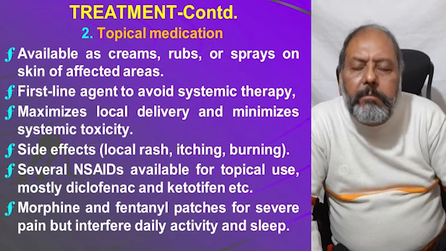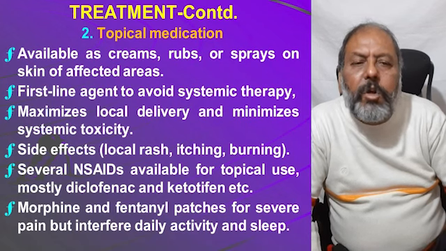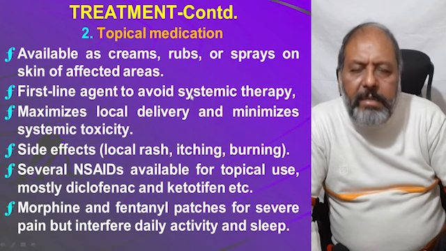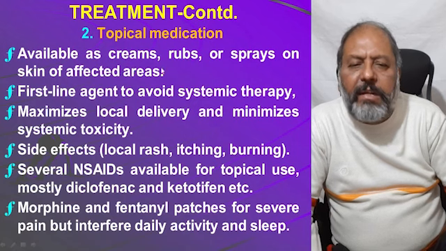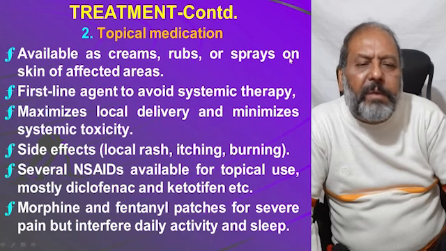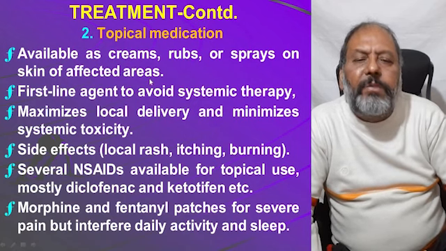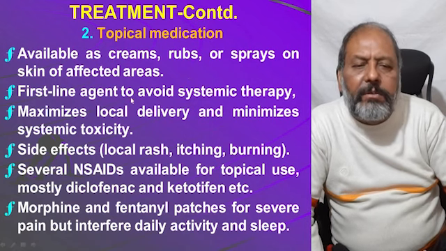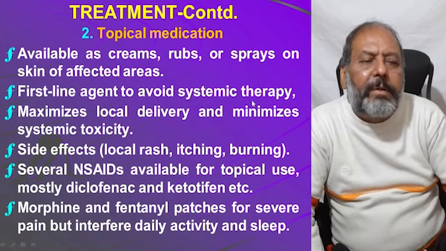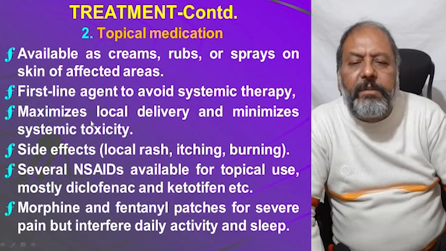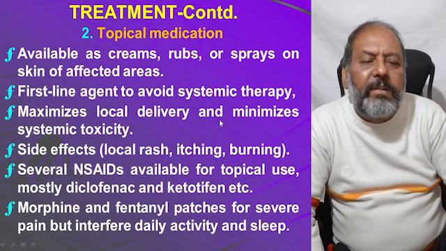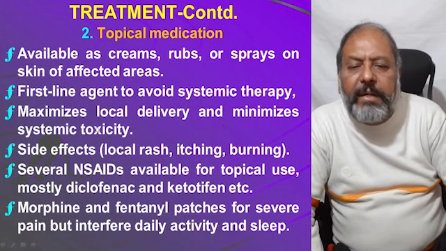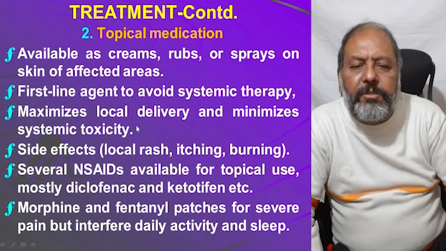So the topical medication that is being used is available as creams, rubs, or sprays applied on the skin of the affected area. These are first-line agents to avoid systemic therapy. They maximize local delivery and minimize systemic toxicity.